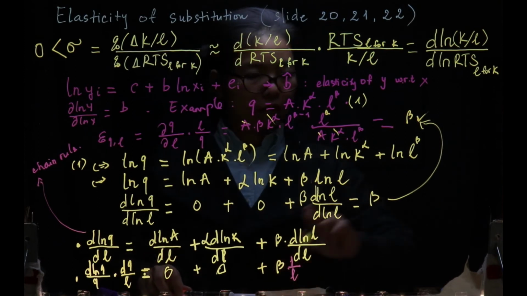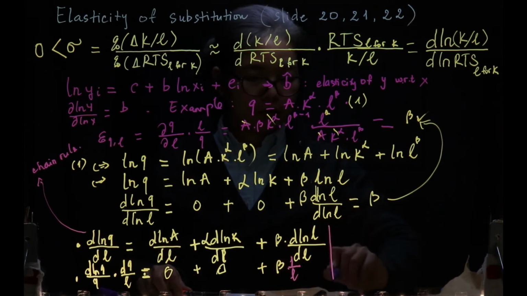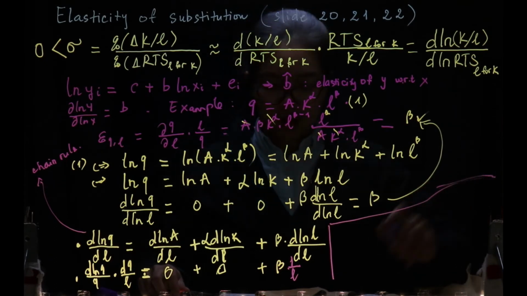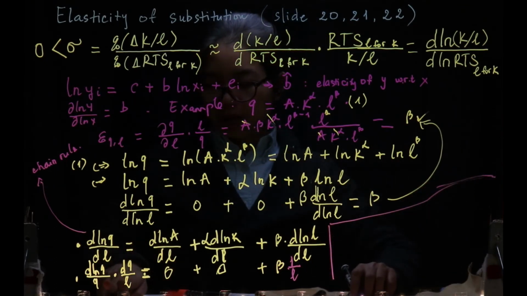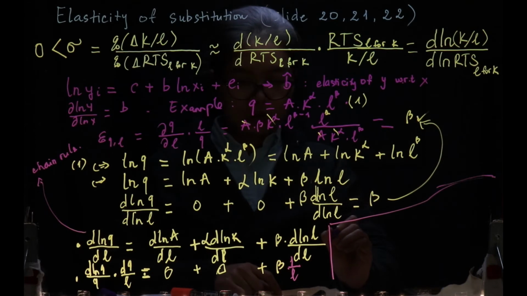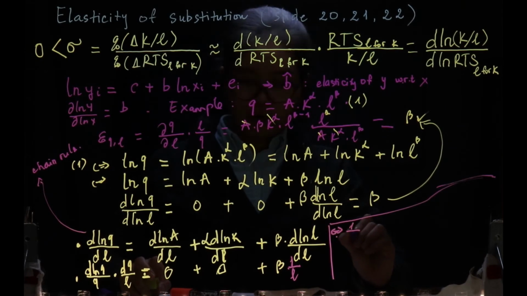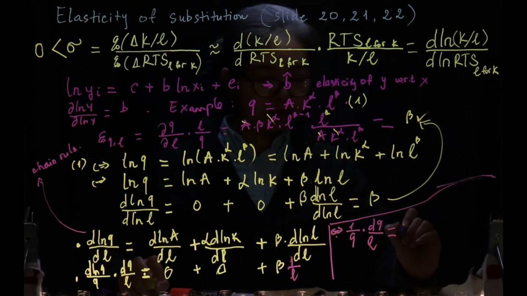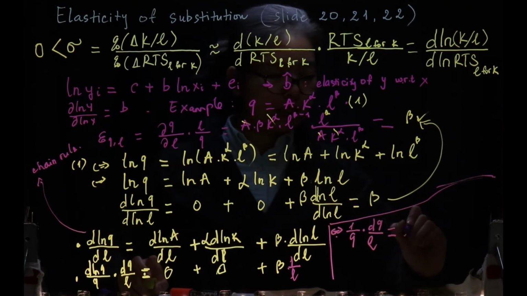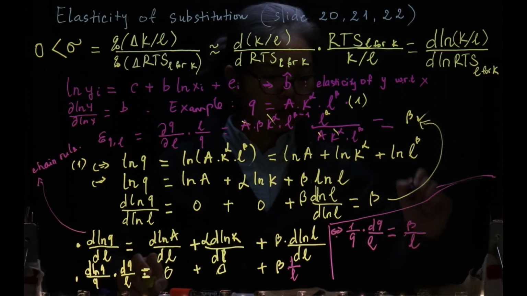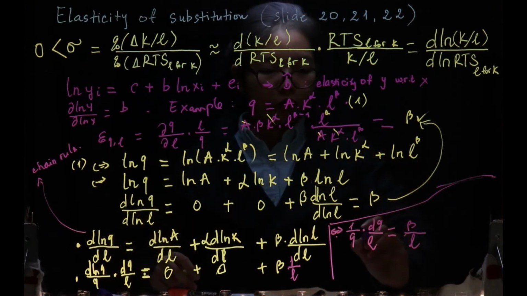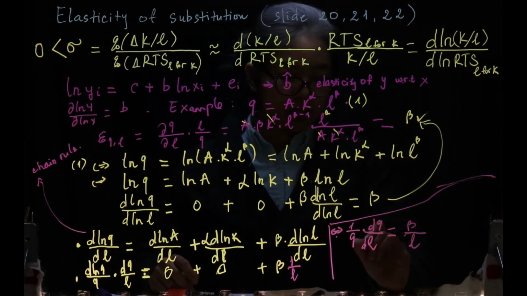So now you have this. I put it over here. Hopefully we still have enough space. Then here you have the derivative of ln Q with respect to Q, the same rule here. So equivalently, we have 1 over Q times the derivative of Q with respect to L equal beta over L. I missed one d over here, dL now.